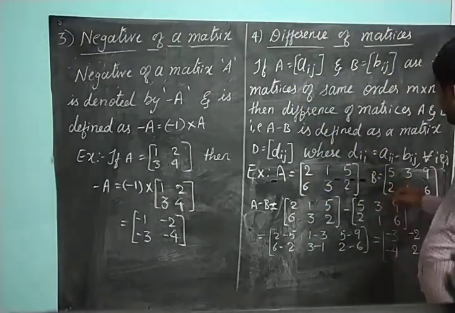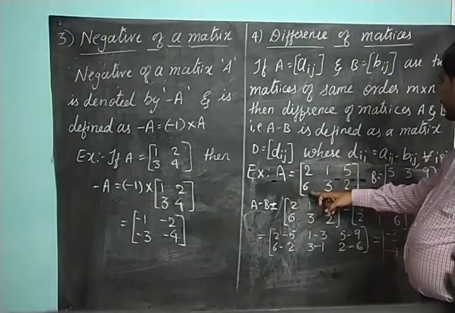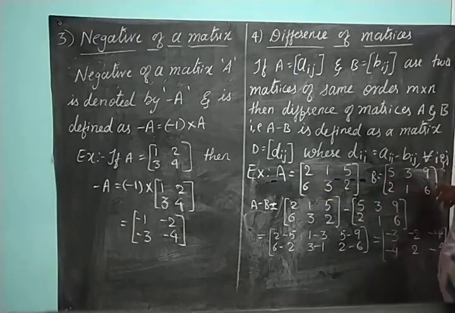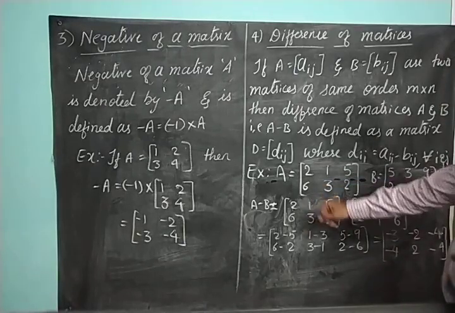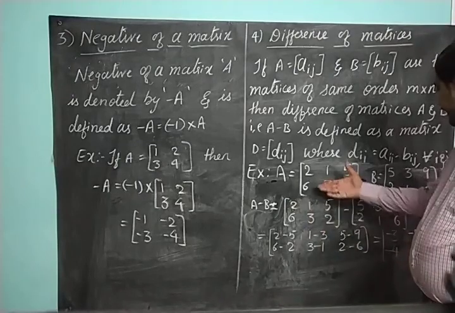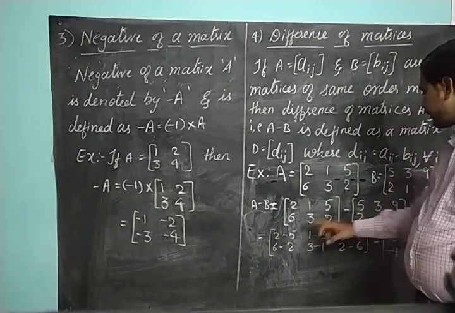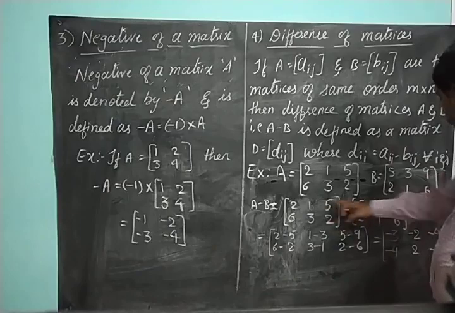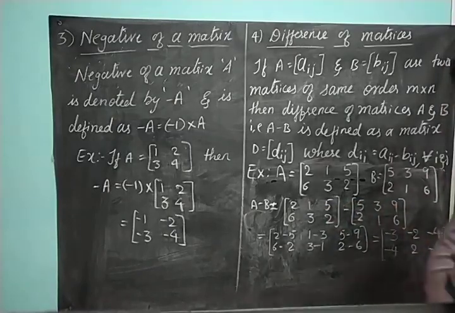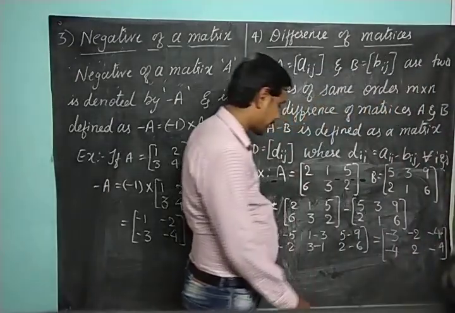Here you can see, if A is 2 1 5, 6 3 2, and B is 5 3 9, 2 1 6, then A minus B will be: 2 minus 5 is minus 3, 1 minus 3 is minus 2, 5 minus 9 is minus 4. Is that clear?